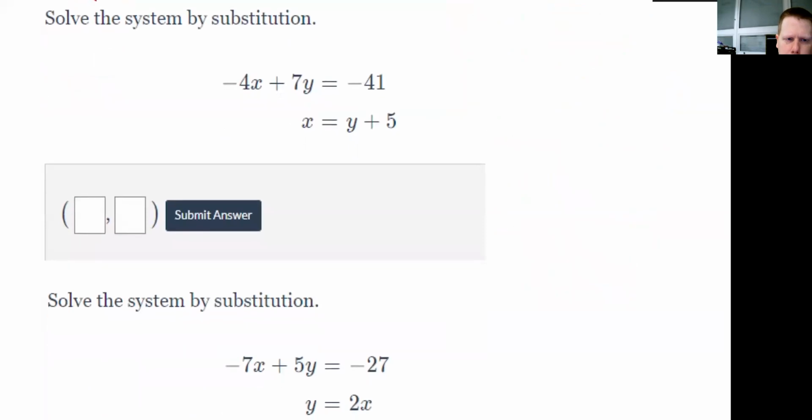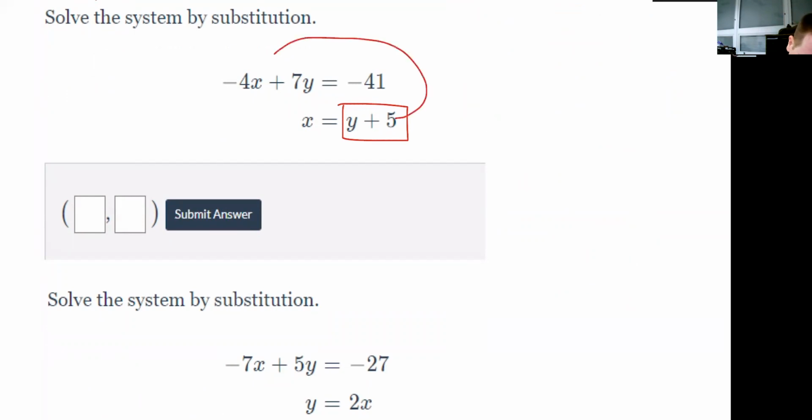Level 2, you're going to have something more like this. Like I said, remember, you're always looking for an equation that's y equals something or x equals something. You want one of the variables by itself. In this case, I have x by itself. So in the top equation, anywhere I see an x, I can replace it with y plus 5.